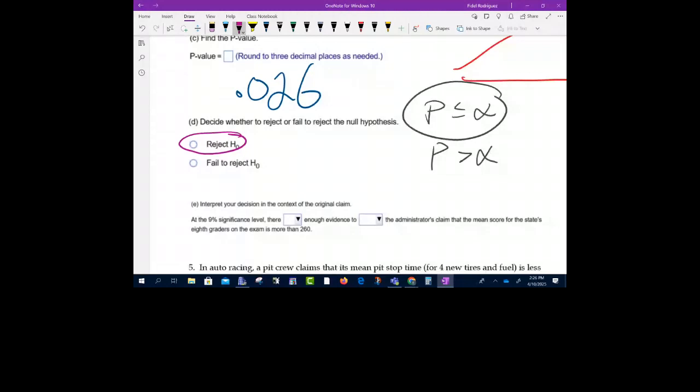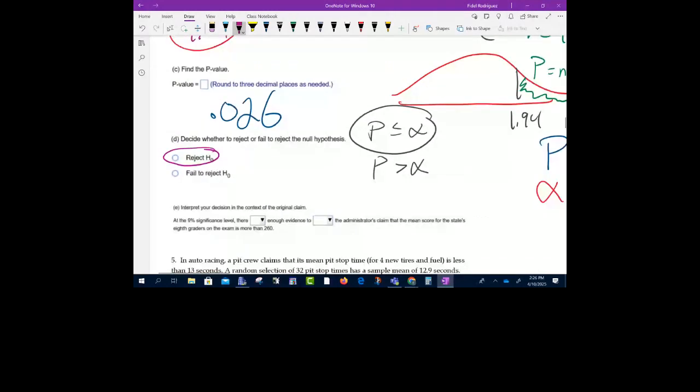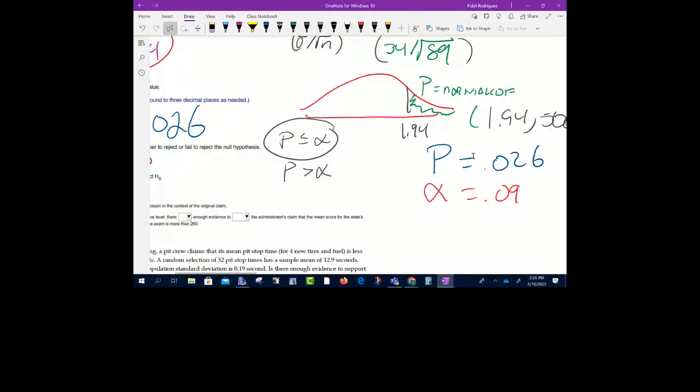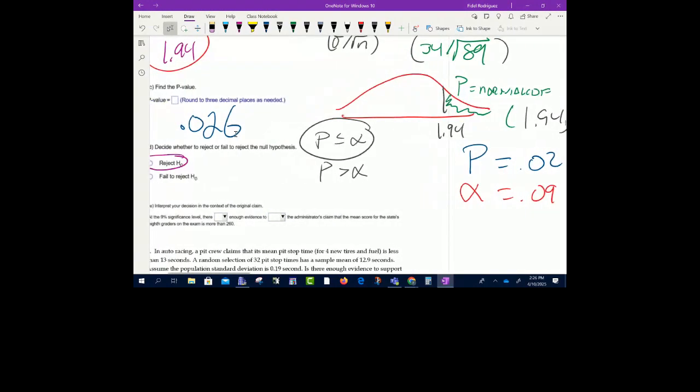Yes. Question. You know how we're doing the rounding off? I know it's not said, but will we ever round off the P to make it bigger than alpha? Well, you're going to round off the P, and then you'll determine whether it's bigger than or equal to alpha, right? But at the end, you know how it's comparing the P and the alpha? You know how it's 0.026? Easily it could be 0.03 but still be smaller. Yes, but notice what they're telling me to do.